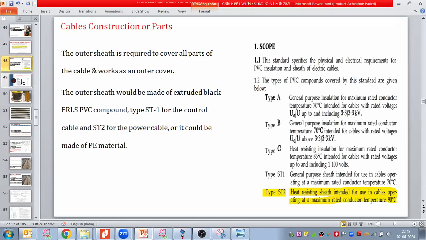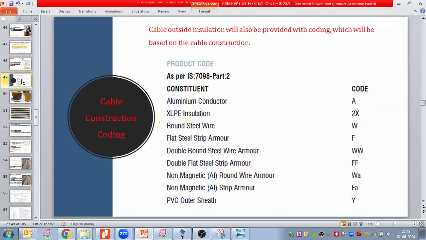And when we write the cable specifications, in a few cases we also write the cable construction coding. So below is the coding practice we use. It could vary, but generally this practice is recommended as per Indian Standard IS 7098 Part 2.